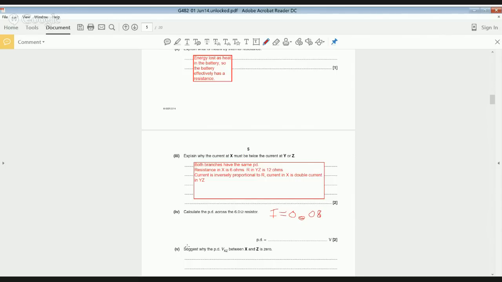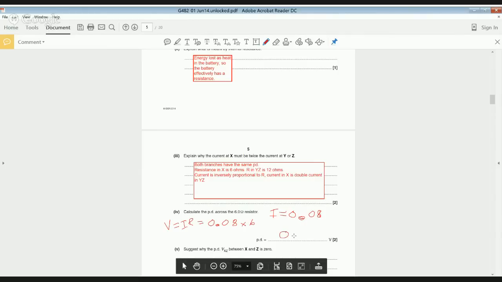So V equals IR. That gives us 0.08 multiplied by 6, and that gives us an answer of 0.48 volts.